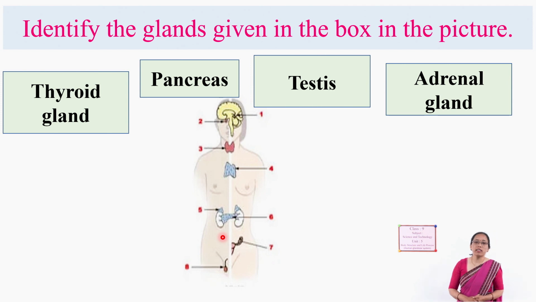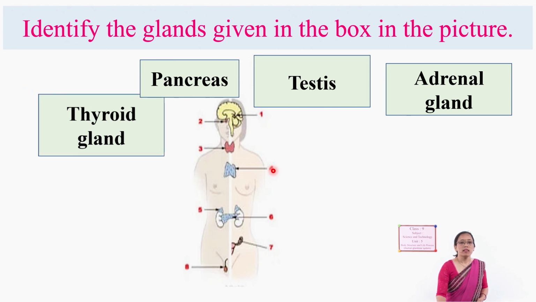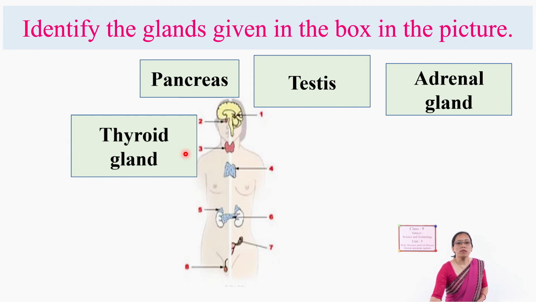And here, can you identify some glands which we have just seen, or their location also? Here one picture is given. Can you identify which one is which gland? Which is the thyroid gland? Yes, number 3 is the thyroid gland, which is butterfly shaped. And which one is pancreas?